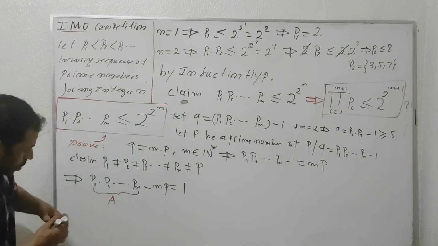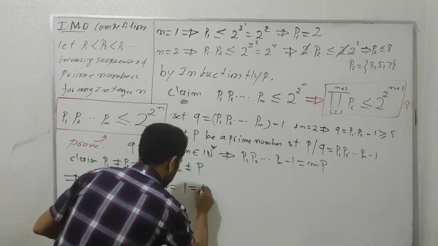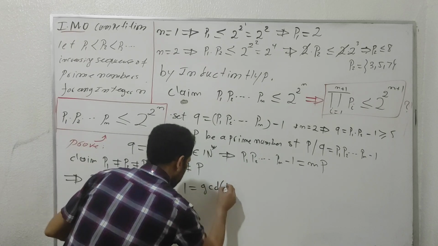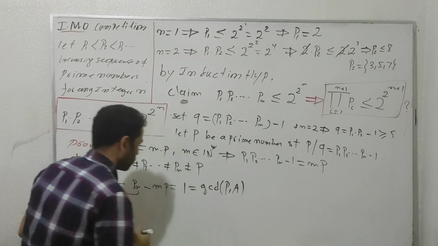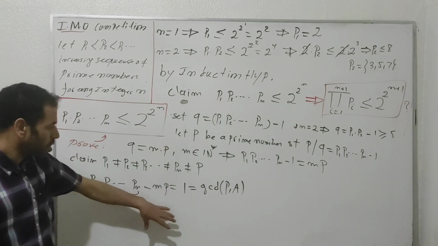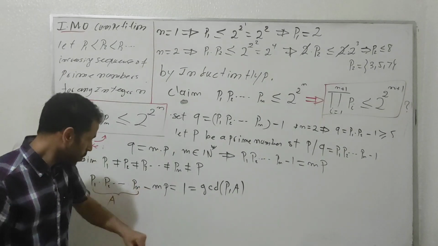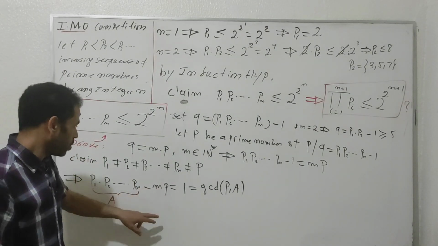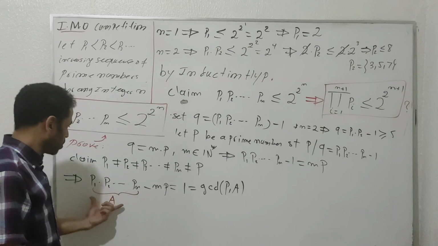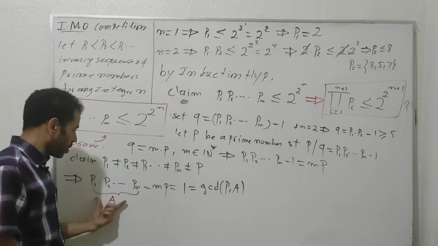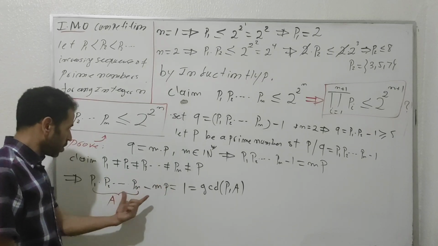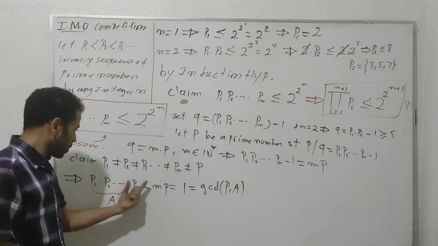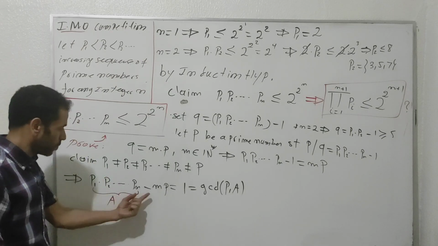So this equals GCD of P and capital A, since this expression represents the Bezout theorem with M a natural number, so P does not divide this product by assumption. If P divides this product, then P must be equal to one of these numbers.